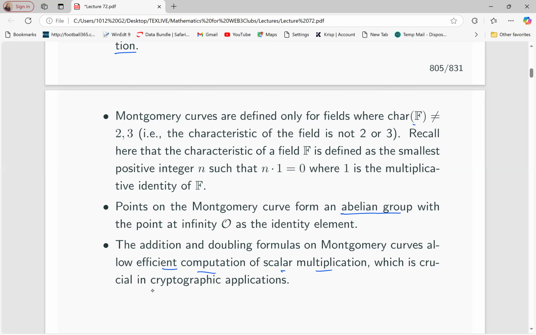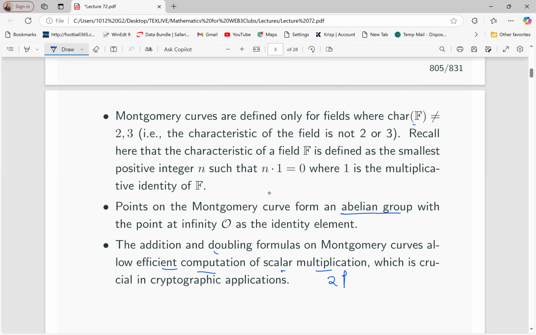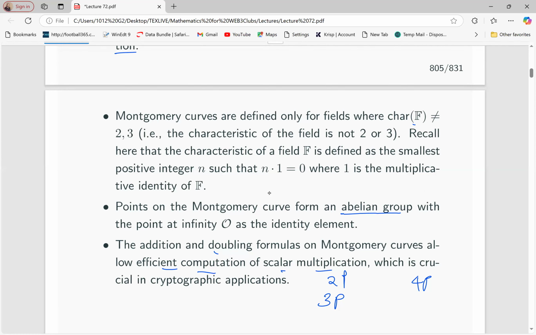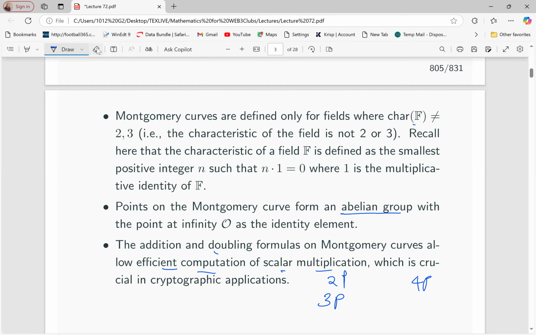Because when we talk of doubling, we're talking of how you get 2P, for instance. That is what we call scalar multiplication. How do you get 3P? How do you get 4P, and so on? It's easy to do this in Montgomery curves, and therefore this leads to very efficient calculations. That is a point I already mentioned, so I'm just emphasizing it.